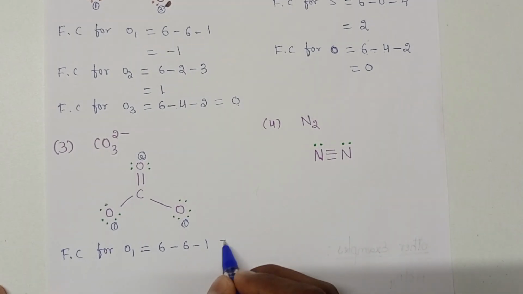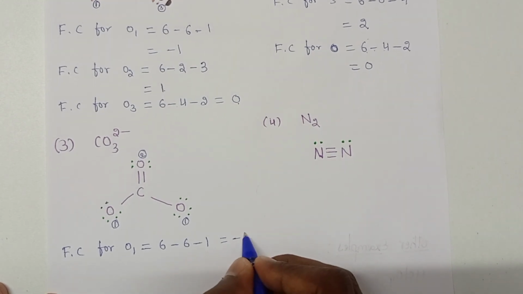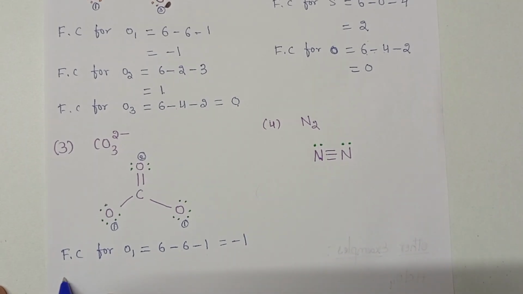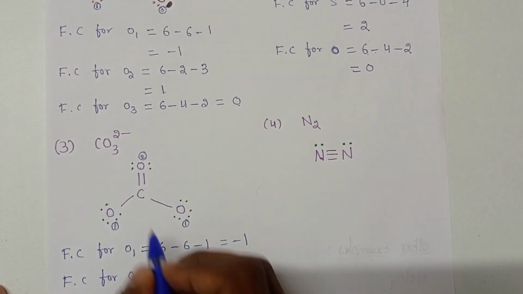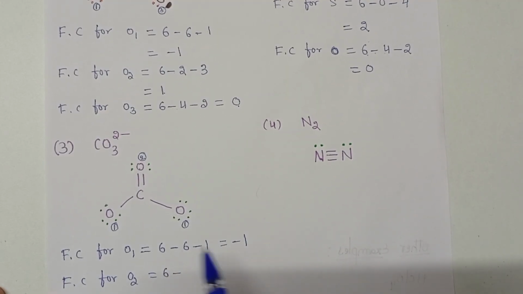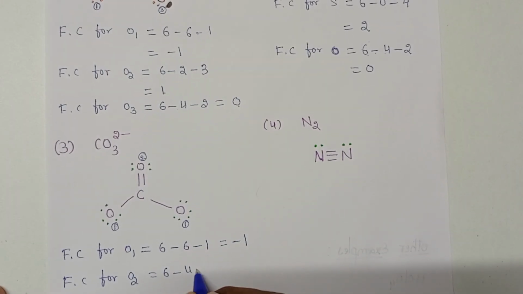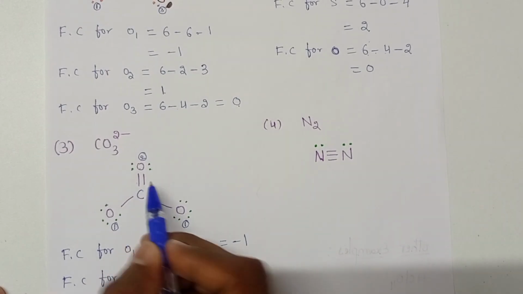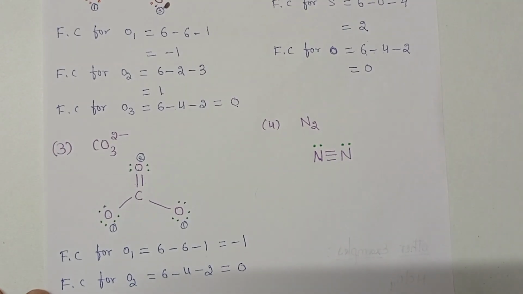Therefore the formal charge is 6 minus 6 minus 1, which is minus 1. Next, the formal charge for oxygen 2, this one. The number of valence electrons for oxygen is 6, minus number of lone pairs, how much? 4, 1, 2, 3, 4, minus number of bonds, how much? 2, 1 and 2. Therefore the formal charge is 0.